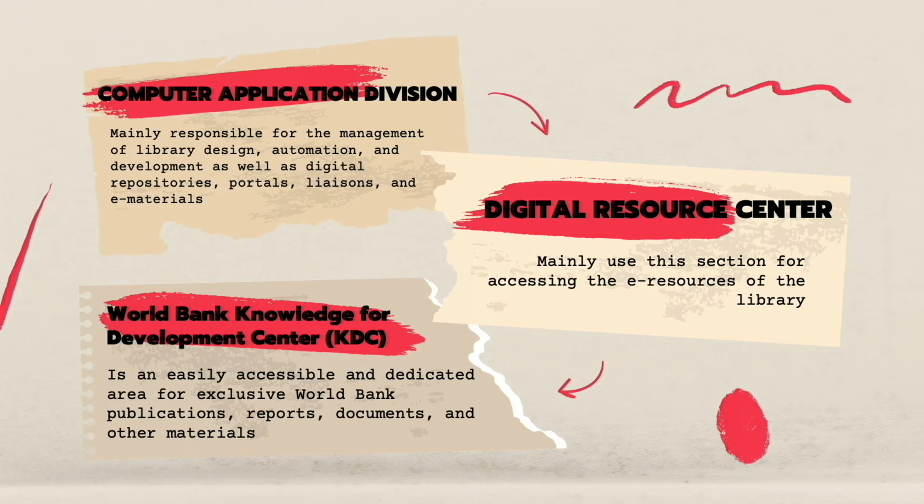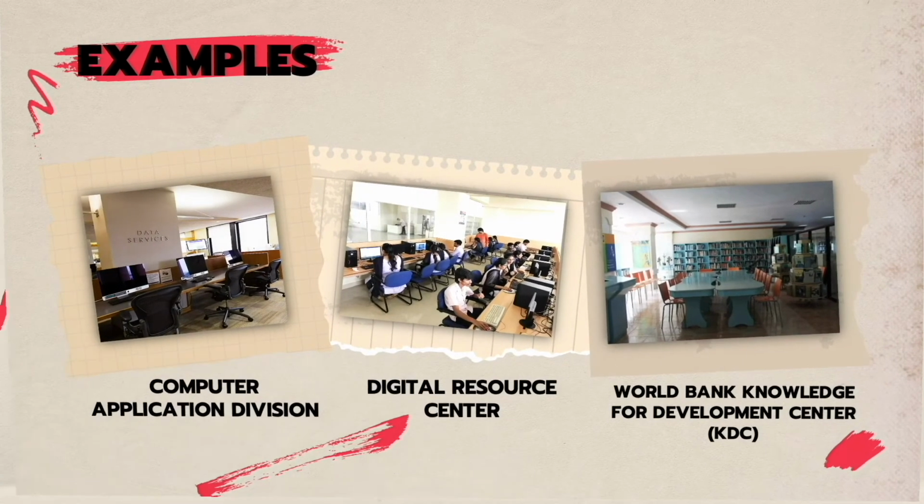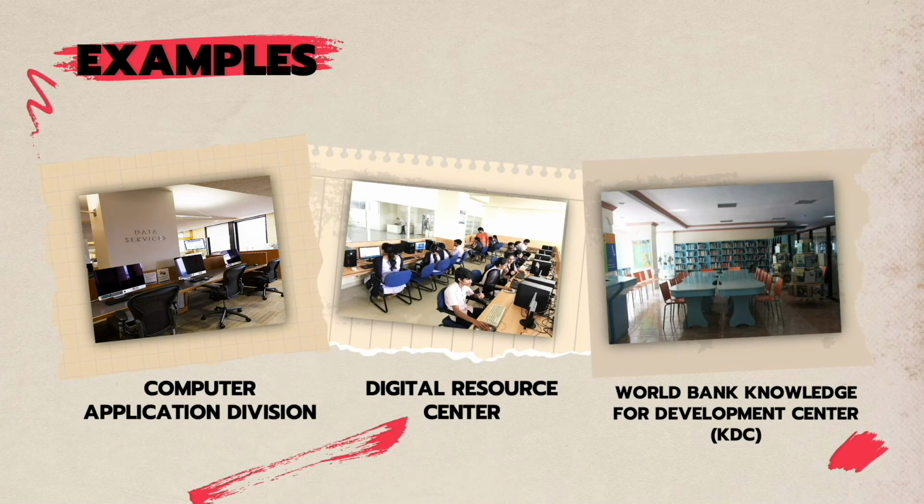Users can easily and freely access a wealth of information through the internet and over 3,000 World Bank publications, and special books and documents by other academic and development institutions. The KDC is also an accessible center for people with disabilities. Here are some of the examples.